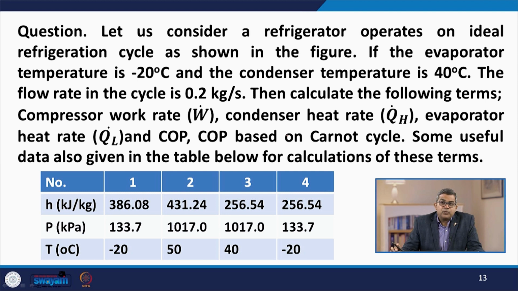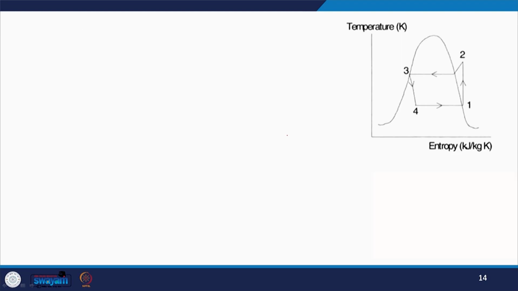So stages 1 and 4 are isobaric. For the temperature, stages 1 and 4 have the constant temperature of minus 20 degrees Celsius, and stages 2 and 3 have 50 and 40 degrees Celsius respectively. So let's solve this particular problem.